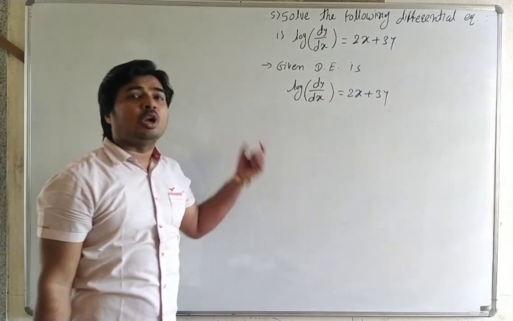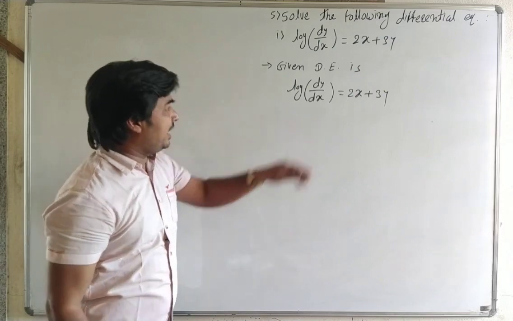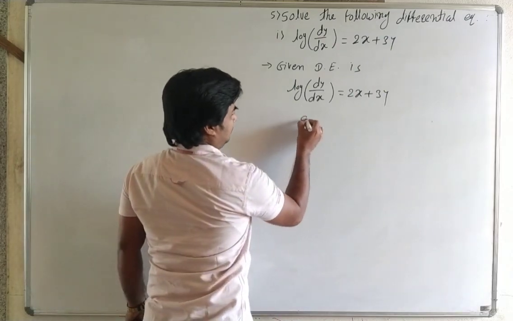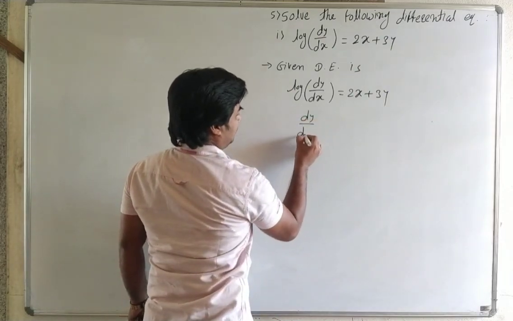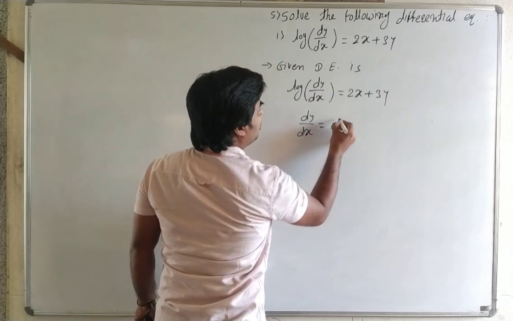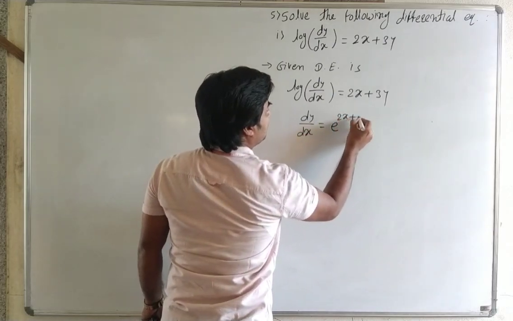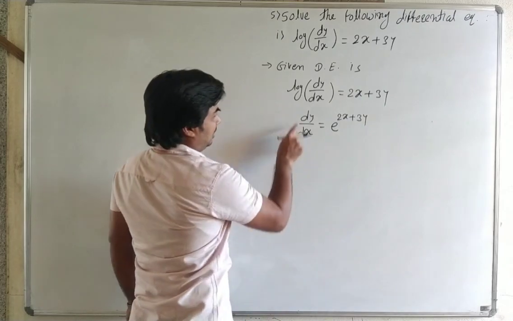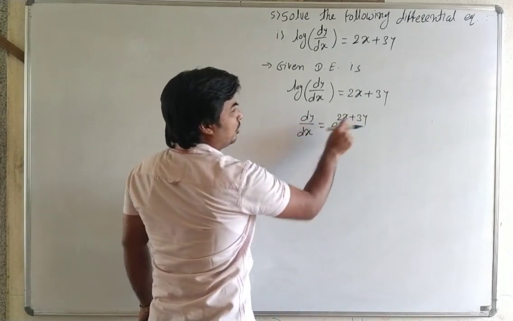So first remove the log. Taking exponential on both sides, we get dy by dx is equal to e to the power 2x plus 3y.